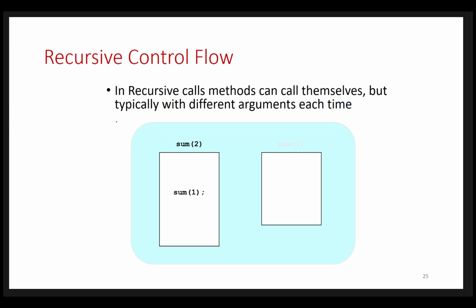In sum1, it will just return 1. We take the 1, return it back here, and find the result: 2 plus 1, which gives 3, and that's it. This is a very basic example of calling the function sum.